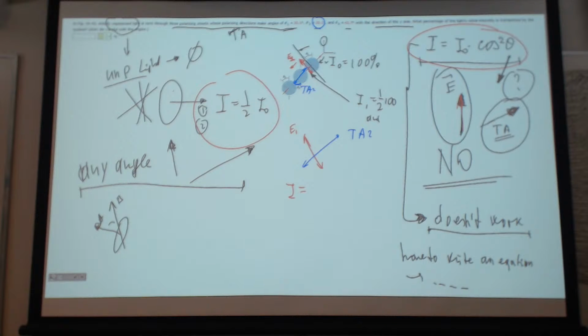What intensity should you write as initial now? It would be the half of the original intensity, so 0.5. So cosine squared, and now you need to write the angle between these two directions. What number do you want to write? Our original angle was 35.1 degrees.